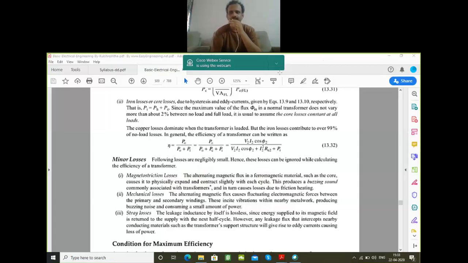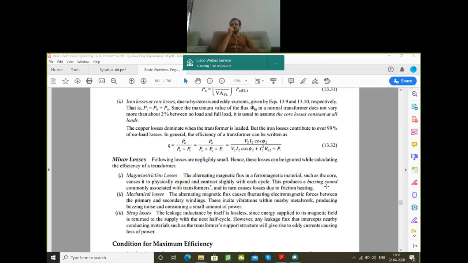When I apply power to the primary, the core expands and contracts. That is because of the power that is applied, because the flux links both primary and secondary. So it produces a buzzing sound in the transformer, and there will be losses due to friction heating.